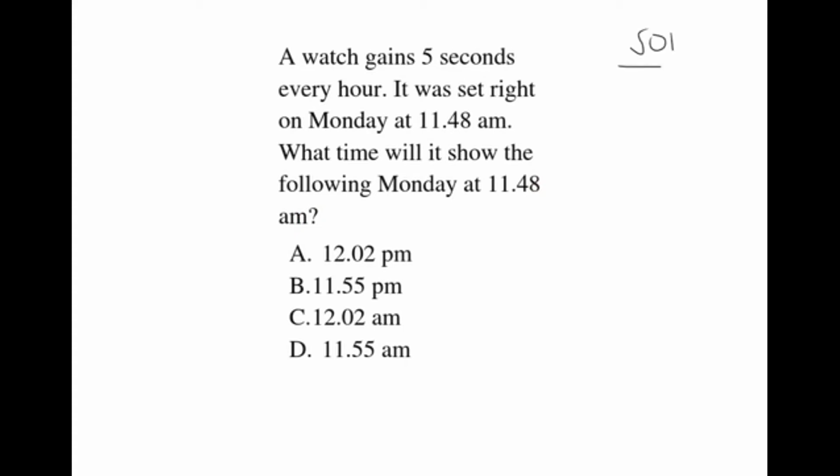First, let us get to know the number of days from 11:48 a.m., that is on Monday, up to the following Monday, 11:48 a.m. The number of days here are 7 days.